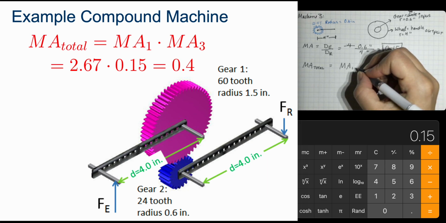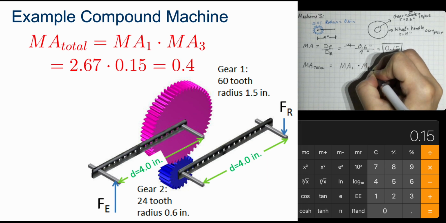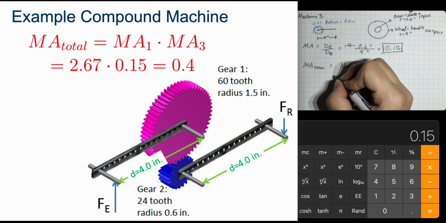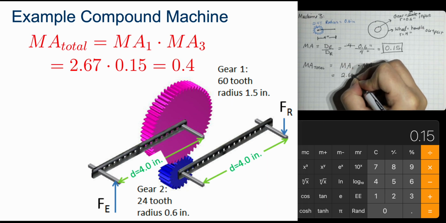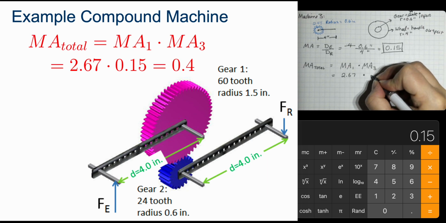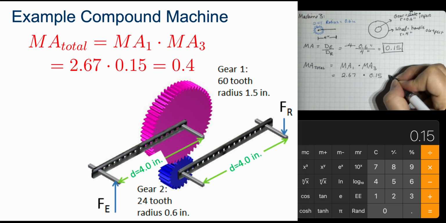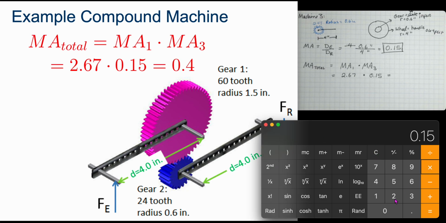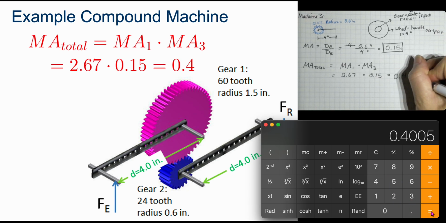Okay, so MA1 times MA3, and that is equal to 2.67 times 0.15, which happens to be about 0.4005, which you would round off to just 0.4.